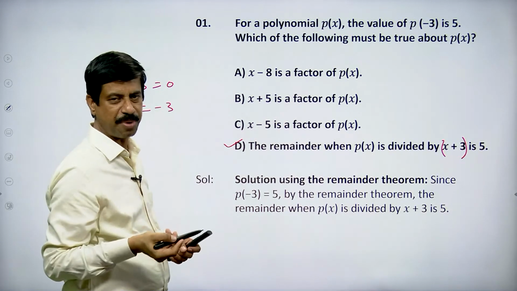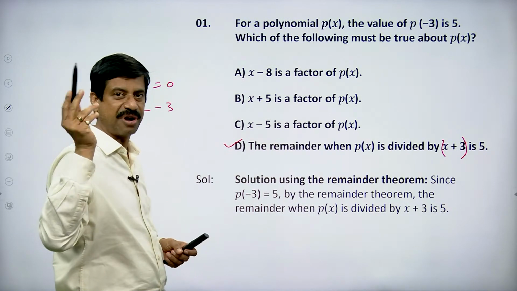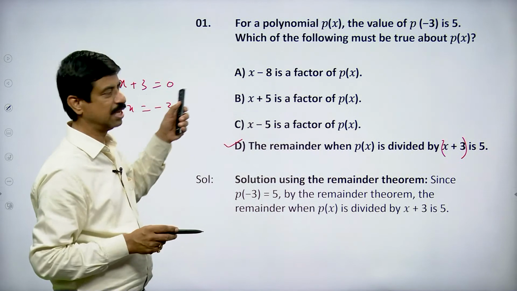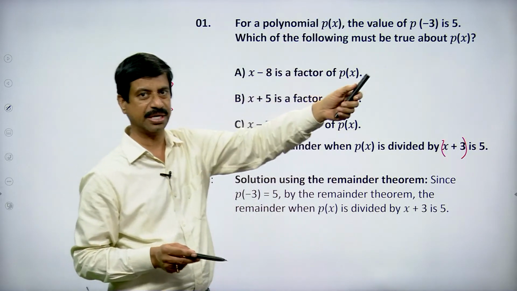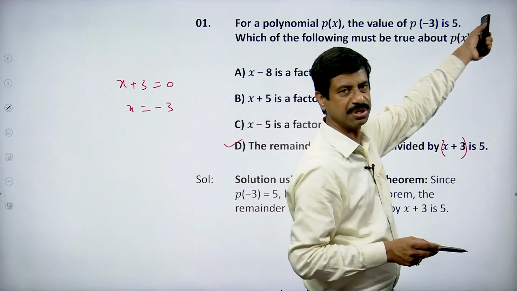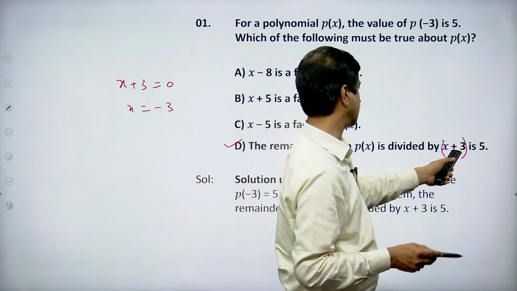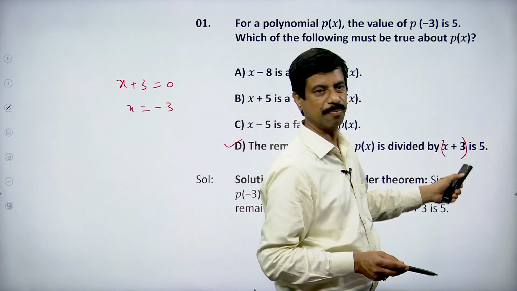If f of x is a polynomial, then the remainder is f of a if it is divided by x minus a. But here it is divided by x plus 3 and the polynomial is p of x, so the remainder is p of minus 3, which is given as 5. So the remainder is 5 when divided by x plus 3, because x equal to minus 3 makes x plus 3 zero.